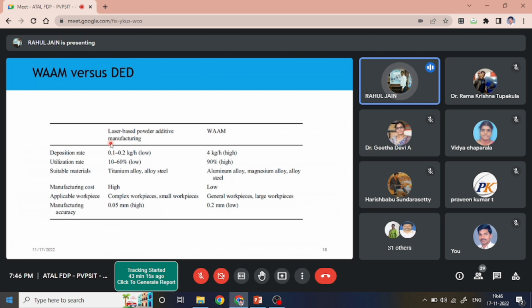Though I have not talked much about laser based additive manufacturing processes, my reason was that I wanted to talk more about WARM process. If I talk about laser based, then both sessions will go into additive manufacturing, and I would not be able to focus on the IoT aspect of it, which I'll focus on in subsequent slides, right?